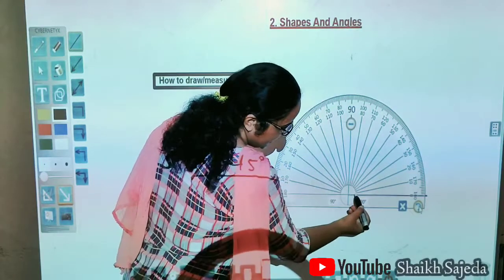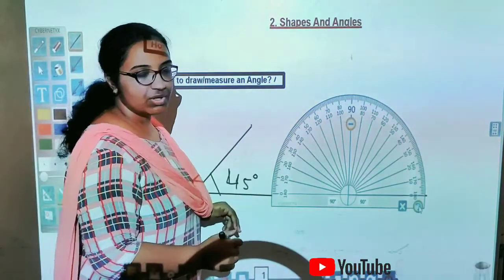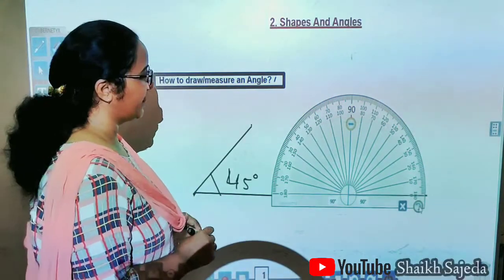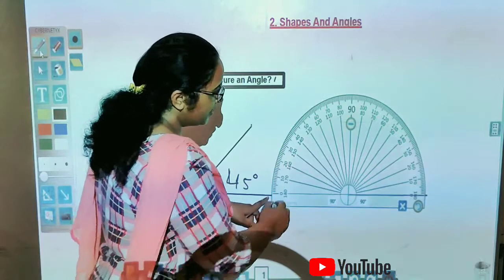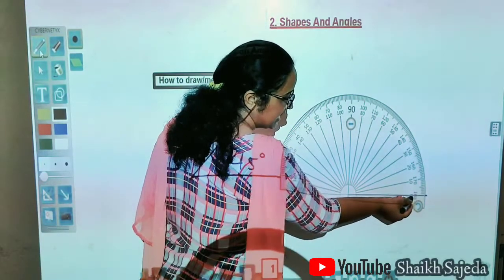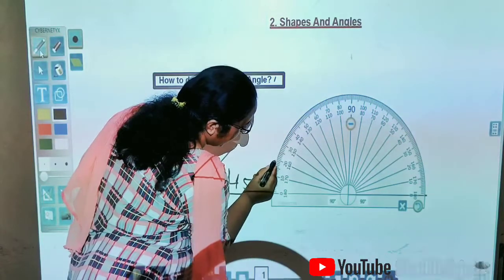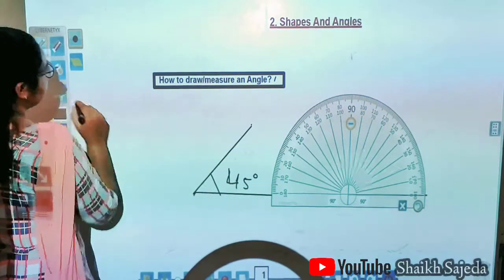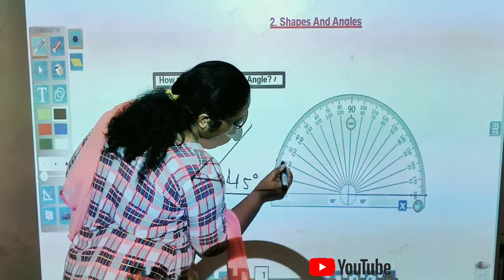Now adjust it. This line must be on the drawn line. Now here we want to draw an angle of 160 degree. So we have to look at this number. Don't use these numbers. Inner numbers we have to use. So here it is 160 degree. So put a point here at 160 degree.